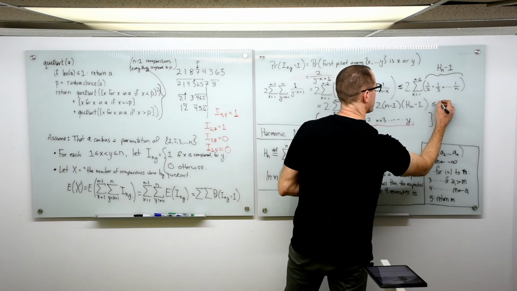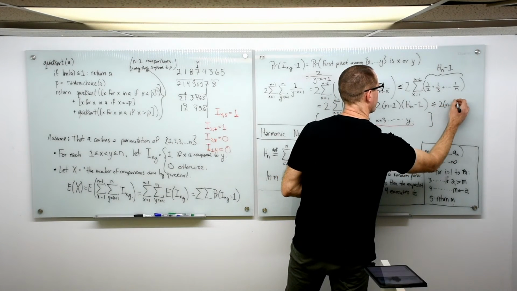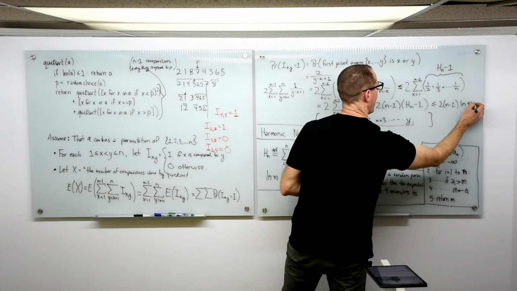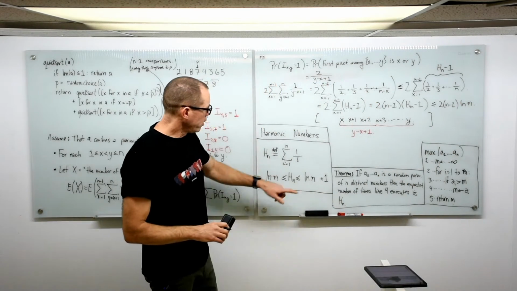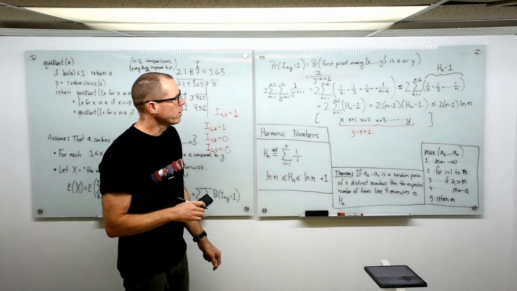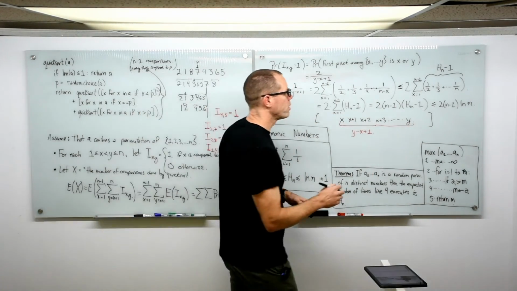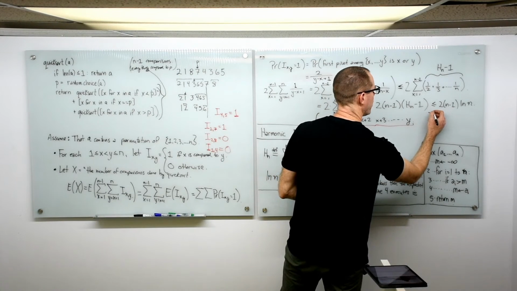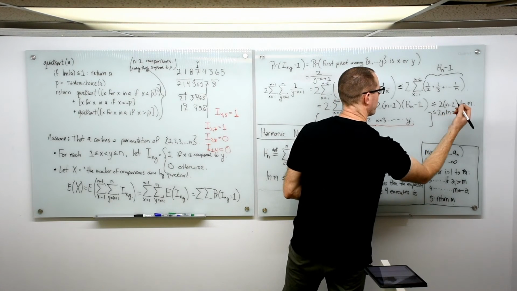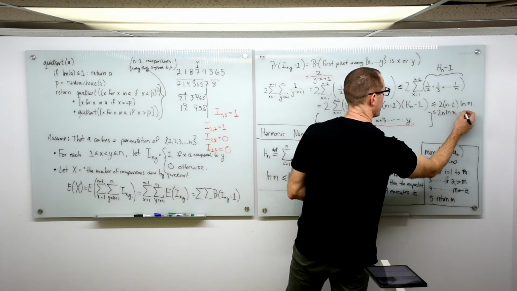So this is less than 2(n minus 1) times the natural logarithm of n. Right. Natural logarithm of n plus 1 minus 1 is just the natural logarithm of n. And so that is less than or equal to 2n ln n, in this case minus 2 ln n.